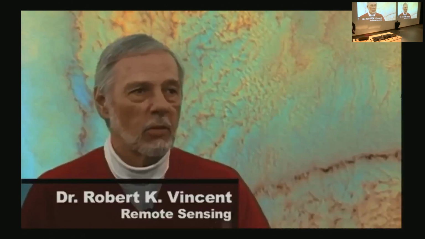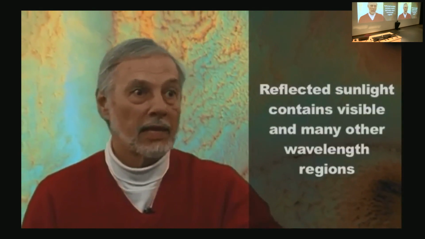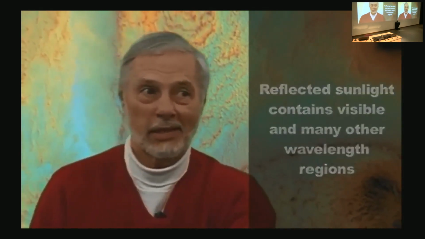Well, I like to tell my students that remote sensing is the science and art of determining what's there without being there. One of the things we do is look at reflected sunlight. And there can be reflected sunlight giving us colors that we can't see. The visible part of the wavelength region that we see is very small compared to the total amount of reflected sunlight that comes off the Earth's surface.